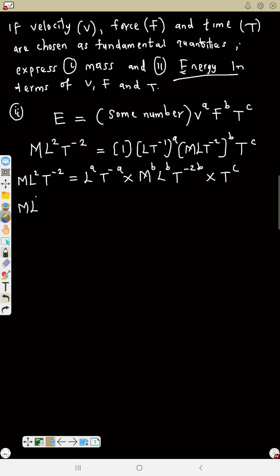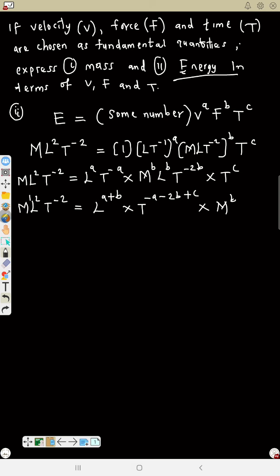So m L squared t raised to the power minus 2 equals L raised to the power a plus b times t raised to the power minus a minus 2b plus c times m raised to the power b, the same way.